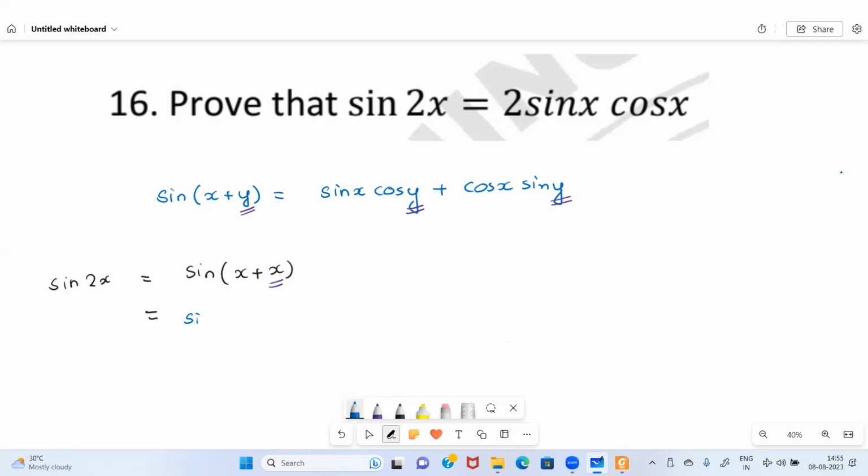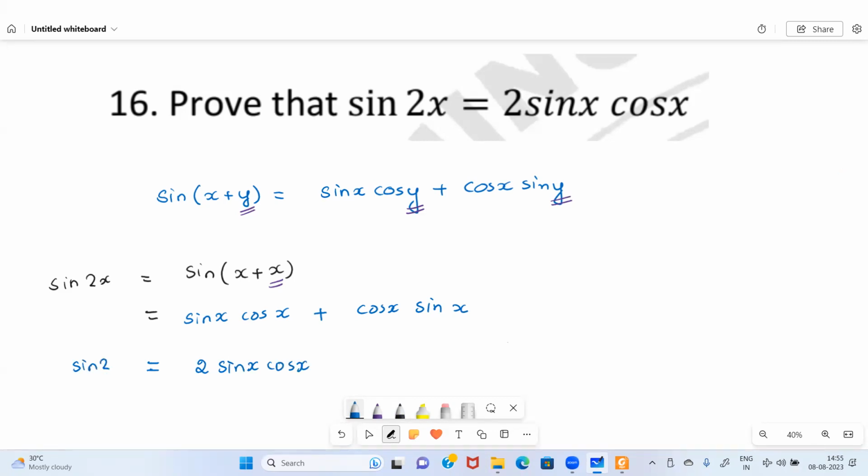So this becomes sine x cos y, but then y is also x here, plus cos x sine y, but y is also x. What is sine x cos x plus sine x cos x, students? 2 sine x cos x.